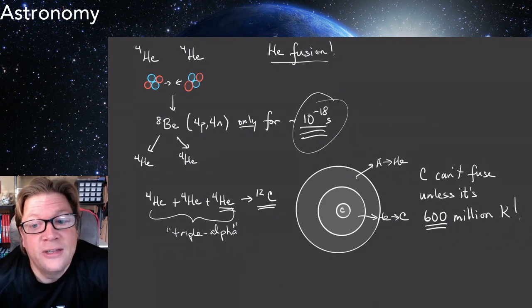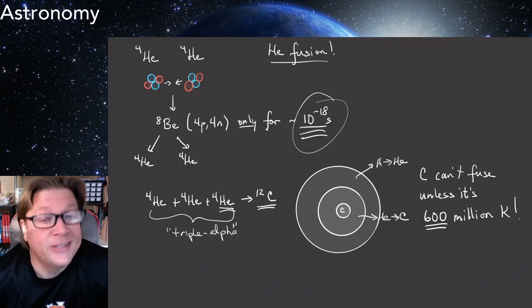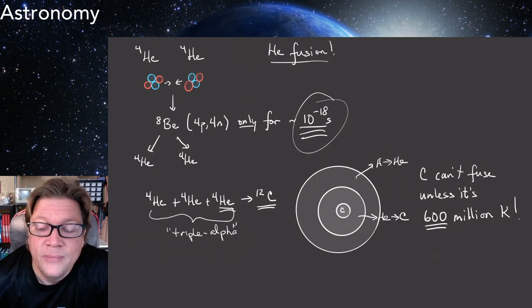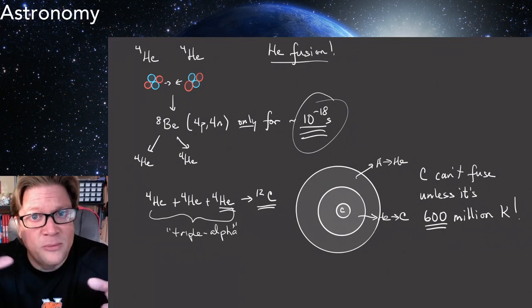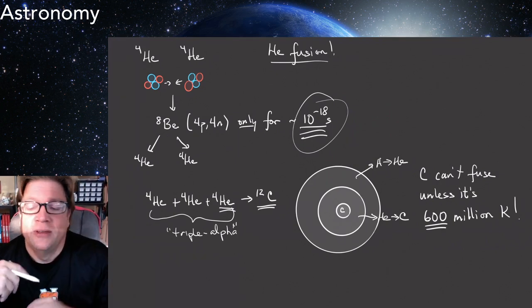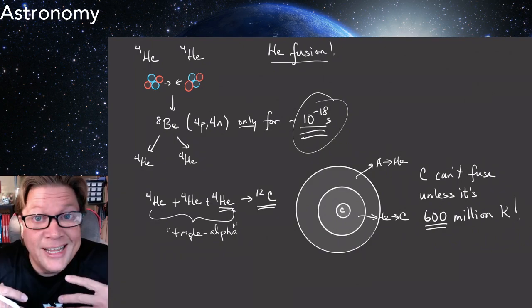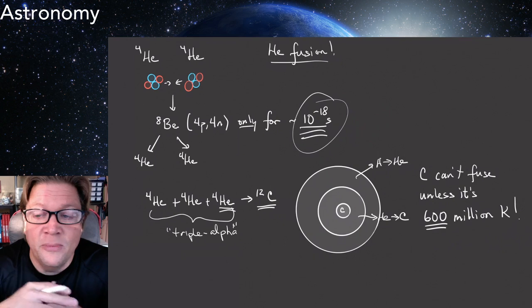The sun cannot generate those temperatures in the center. Why? Because the sun's not massive enough. Where does the energy come from to generate the heat in the center? It comes from the gravitational pressure of the star pushing down on itself. And the sun just isn't that massive. The core of the sun is never going to get to 600 million degrees.